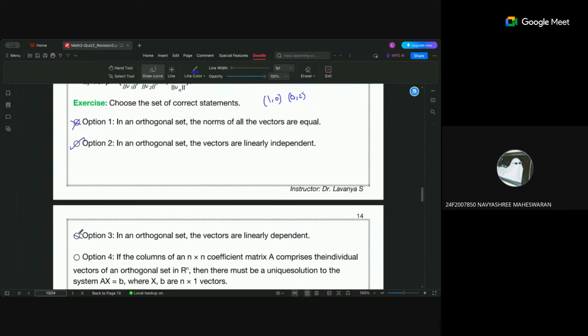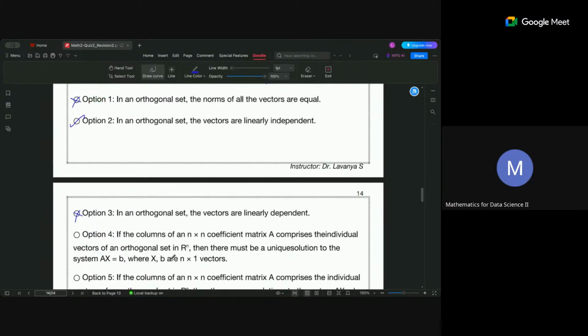If the columns of an n by n coefficient matrix A comprise the individual vectors of an orthogonal set, then there must be a unique solution to the system Ax = b. See, you have some vectors v1, v2, ..., vn, which form the matrix A. If these are orthogonal, you know that these vectors are also linearly independent.